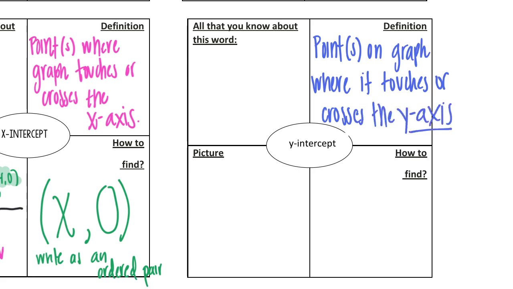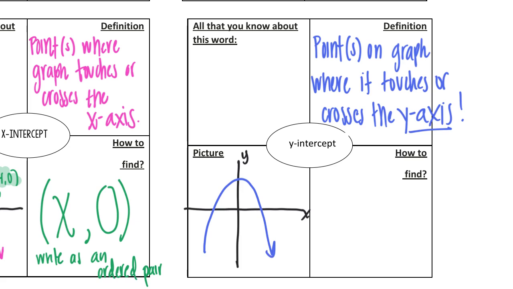Remember, the y-axis is the one that goes up and down. So let's draw a picture. Let's pretend that that is at 5.